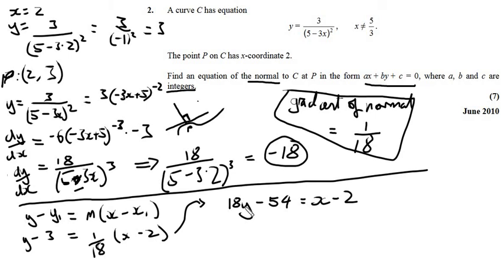So let's just pull 18y and 54 over to the other side. So x minus 18y plus 54 minus 2 is plus 52 equals 0. And there you go. That's the answer to the question.